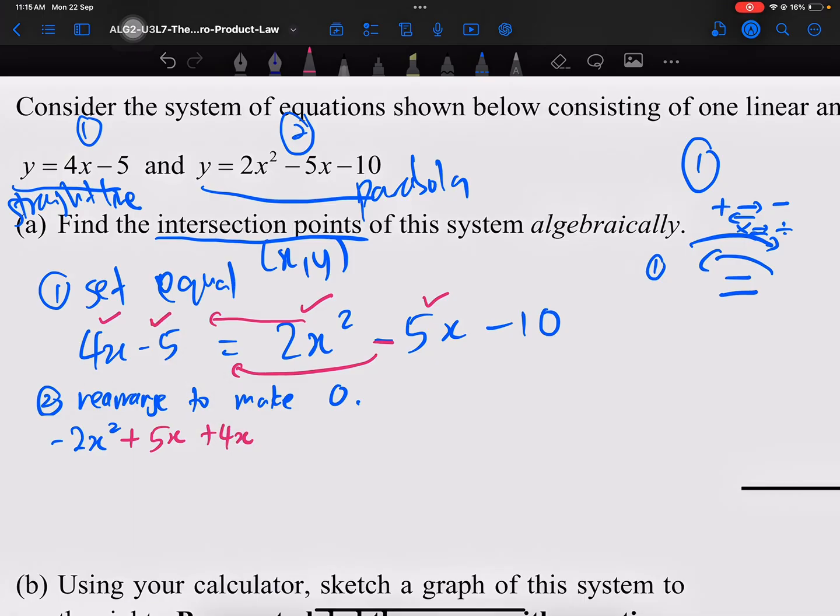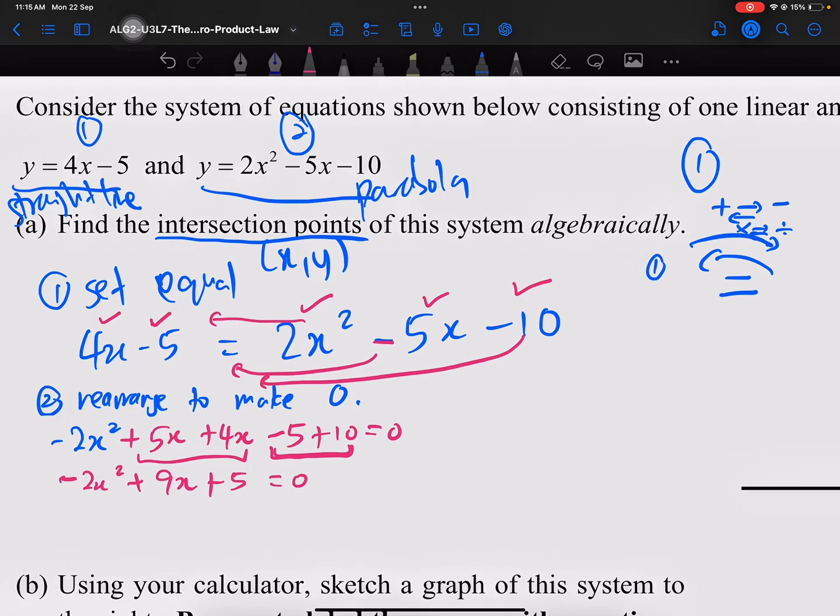Here I have minus 5, remaining the same, but minus 10 jumps to the other house and becomes plus 10, equals 0. Then I add all the like terms. I have minus 2x squared, plus 9x, minus 5, plus 5, plus 10, equals 0.